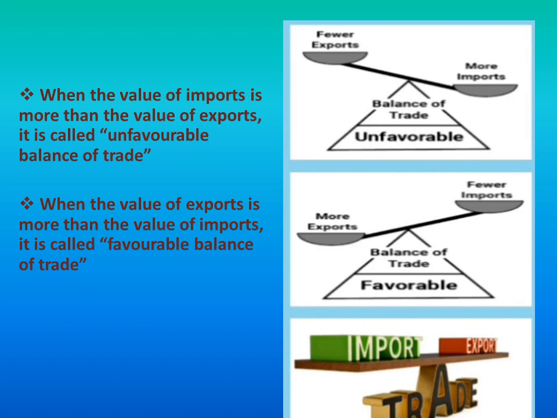When the value of export is more than the value of import, it is called as favorable balance of trade. So now we'll understand what do you mean by favorable balance of trade. In favorable balance of trade, the value of export is more than the value of import.